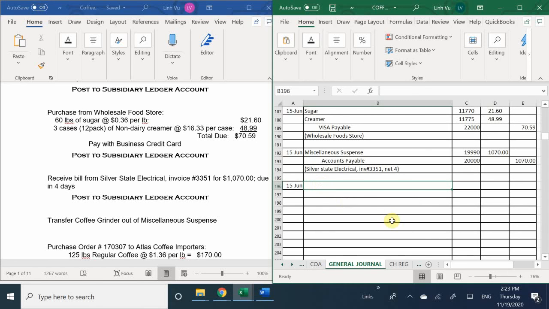That is the 15020. Yes. And then the second one would be the miscellaneous suspense account, correct? Yes, because we are moving it from one account to another, so we're intentionally zeroing it out.